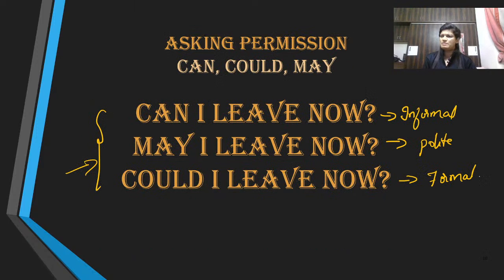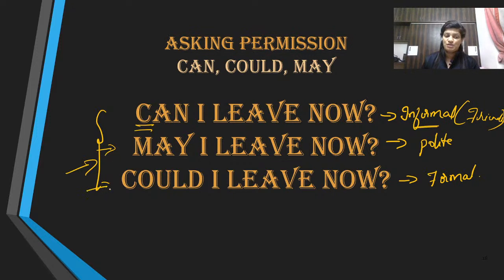Which one do you want me to explain again? Can I is used in informal gatherings, let us say, only with your friends. Now may I can be used with your friends or with anybody or with everyone, but very politely. When you say may I, you are saying that politely.